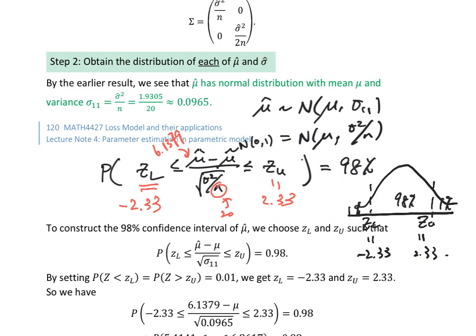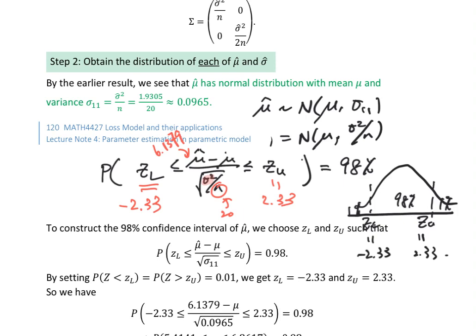But of course this is not useful for getting the confidence interval for mu, because one trouble is there is still an unknown, which is sigma square, the true value of sigma. With two unknowns appearing in the same inequality, you cannot find the range of mu.